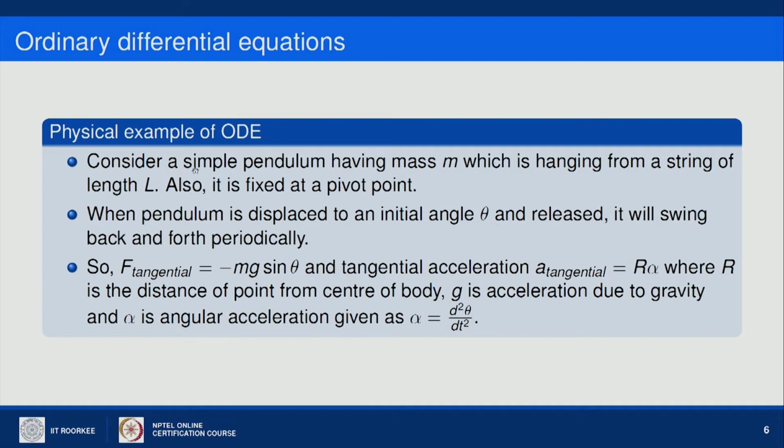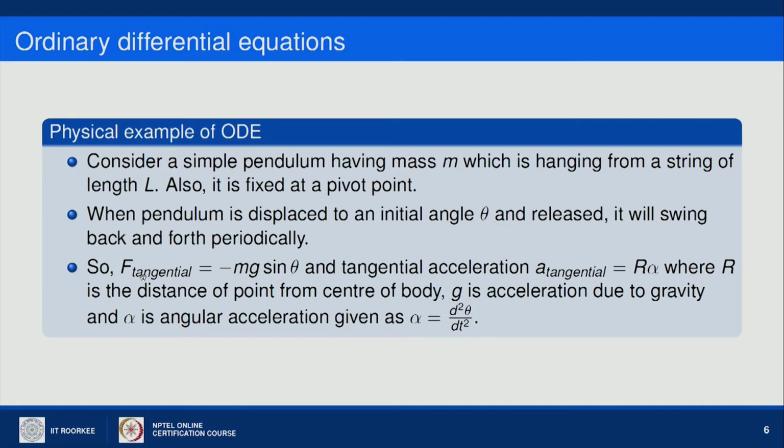So, consider a simple pendulum having mass m, which is hanging from a string of length L. Also, it is fixed at a pivot point. When the pendulum is displaced to an initial angle theta and released, it will swing back and forth periodically.